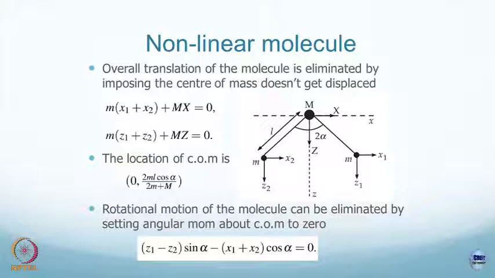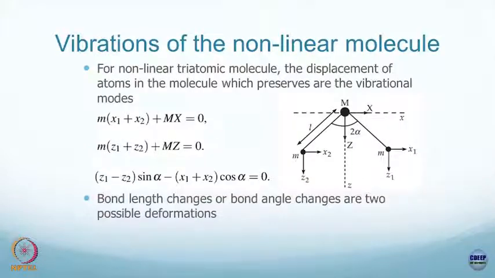What are the 6 degrees of freedom? You have x2 z2, capital X capital Z, x1 z1. If I am looking at it in this plane, the y coordinate remains the same. If you take this, then you find that there are essentially 3 degrees of vibration possible, and we are interested in looking at the 3 degrees of vibration.